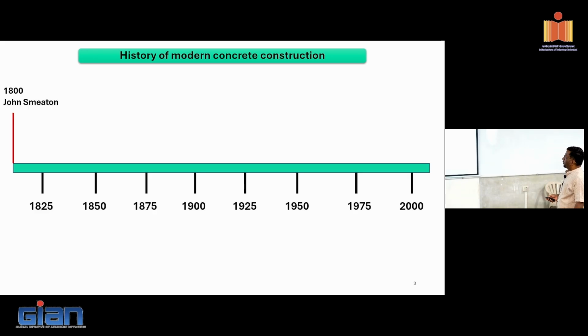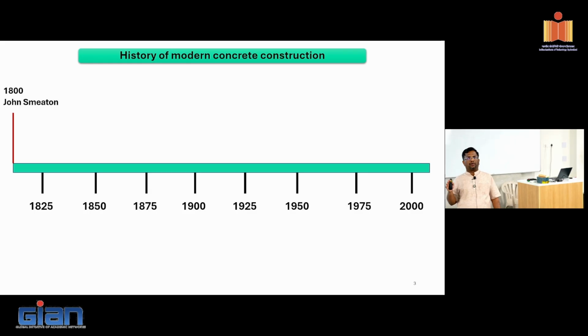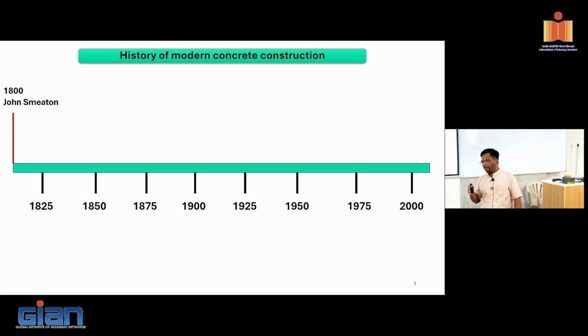Okay, so just a quick outline. Do you know who John Smeaton is? How many of you know John Smeaton? He's a British engineer, also called the father of civil engineering. He was one of the pioneers in promoting hydraulic lime-based concrete for a variety of construction.